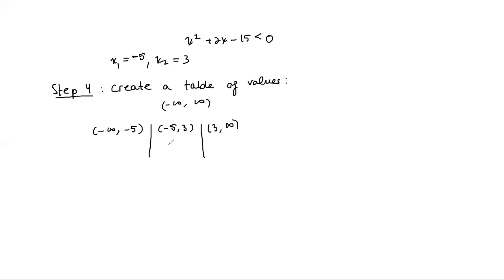So I'm basically putting my minus infinity to my boundary point 1, or x1. And then here I'm looking at all of the values between x1 and x2. And here I'm looking at x2 to infinity. So here are basically the values for which the function can be equal to.